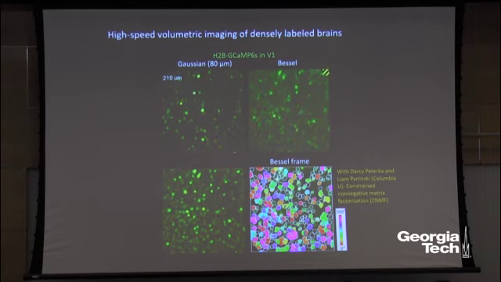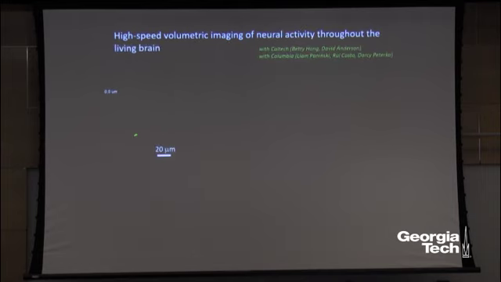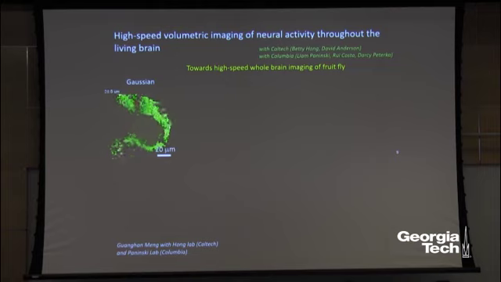But since then, Liam's group has optimized their algorithm for the type of data that we are looking at. We are also collaborating with Betty Hong and David Anderson's lab at Caltech to apply this method, to try to do whole brain imaging in the case of fly and whole cortical region imaging in the case of mouse. So this is still ongoing, but I just want to show you one example in the fly.